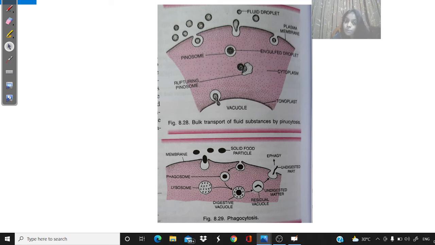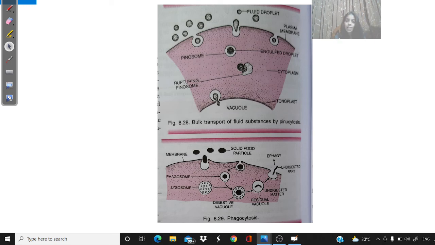What is the use? Within the phagolysosome, which is over here known as digestive vacuole, lysosomes contain acidic hydrolytic enzymes. So with the help of those acidic hydrolytic enzymes, the solid food particle is digested. And then something undigested remains.